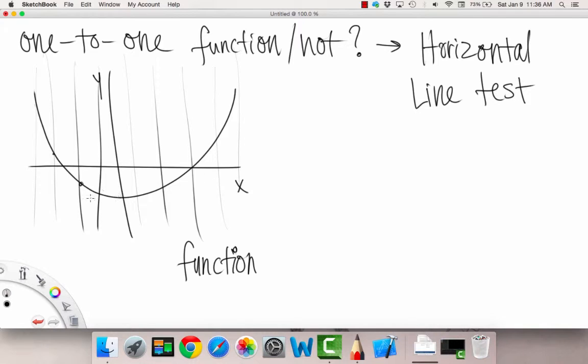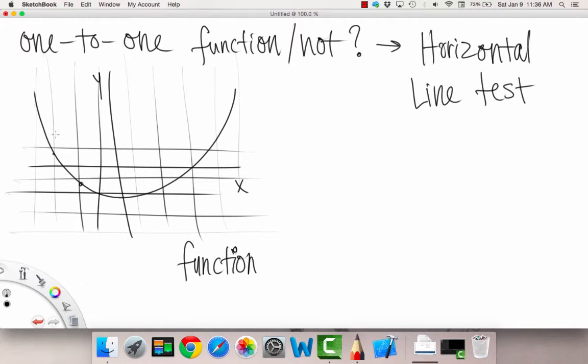So now we use the horizontal line test, which operates just exactly the way it sounds. So now we're just going to draw horizontal lines. Okay, I'll draw these a little bit darker. So horizontal lines, and the criteria is the same. Now we're just going horizontally. Each horizontal line that we draw is not allowed to cross our graph more than one time.